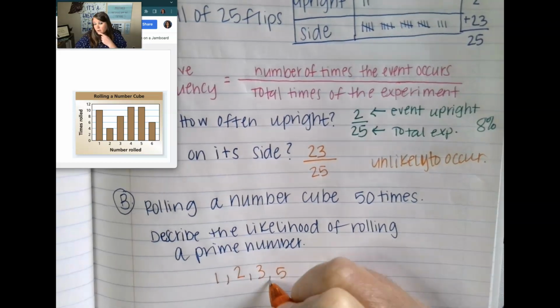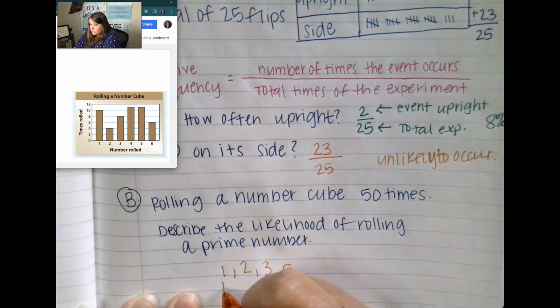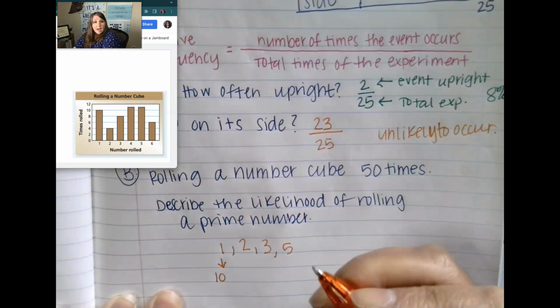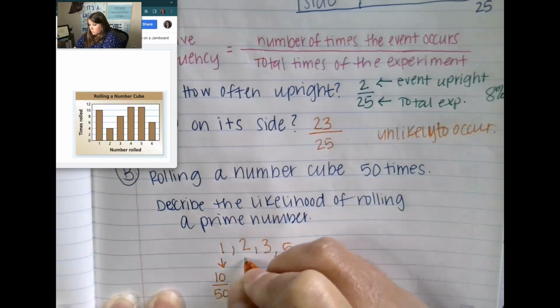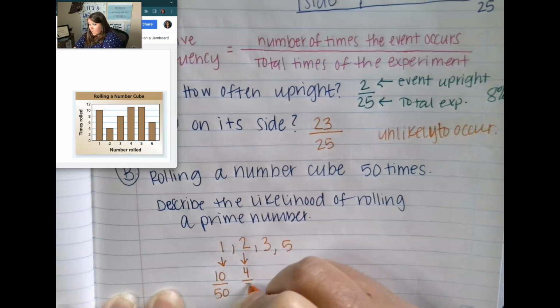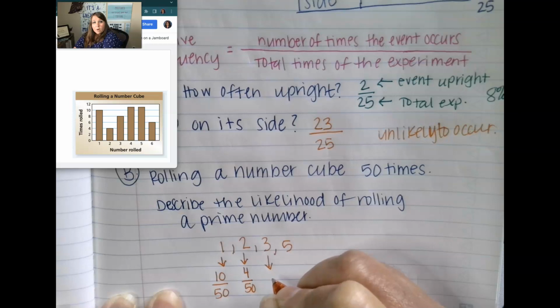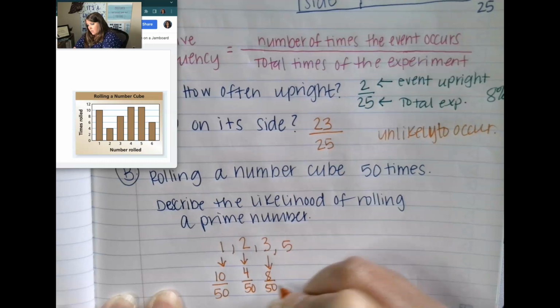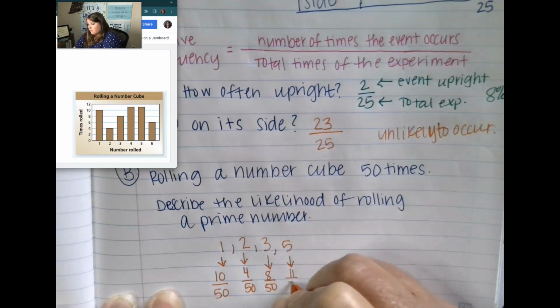So let's talk about how many times each of these happens. When we rolled a 1, we rolled 10 times, 10 out of 50. Rolling a 2 was 4 out of 50. Rolling a 3 was 8 out of 50. And rolling a 5 was 11 out of 50.